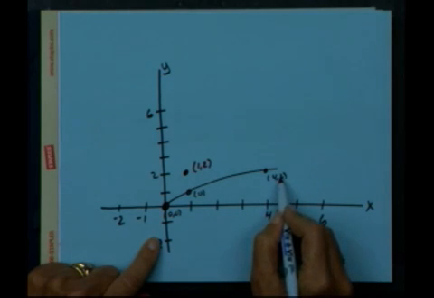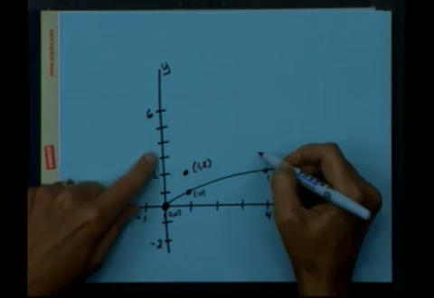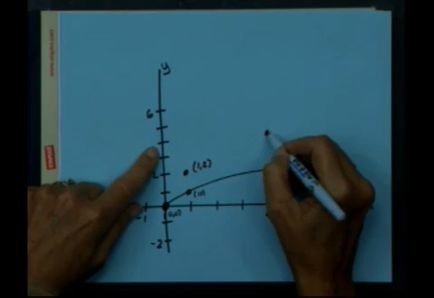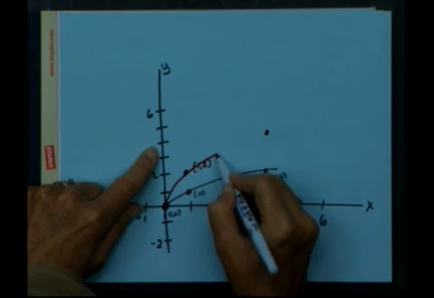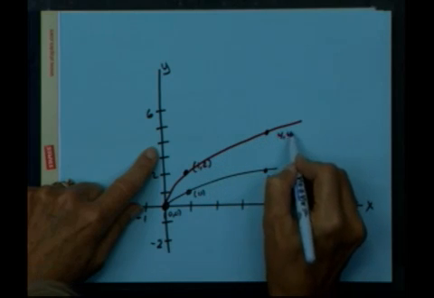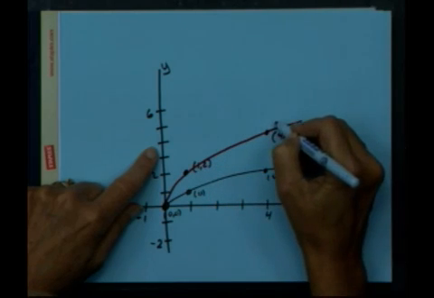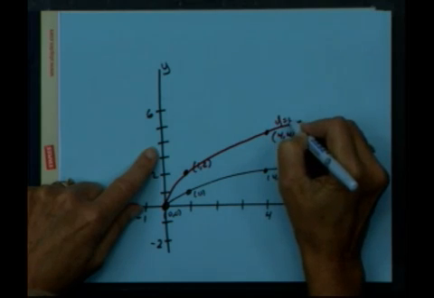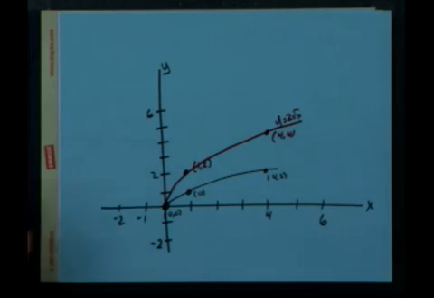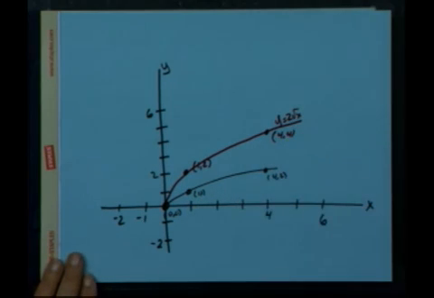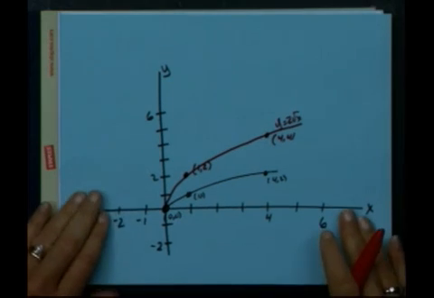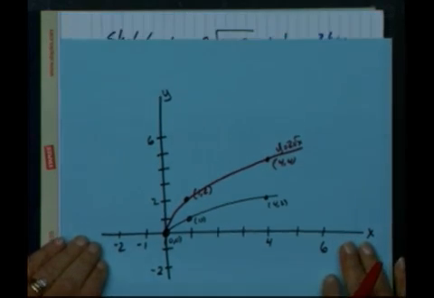And 2 times 2 is 4, so I'm now going to have the point 4, 4. So this is y equals 2 times square root of x. Is that good, everybody? The y values were multiplied by 2.